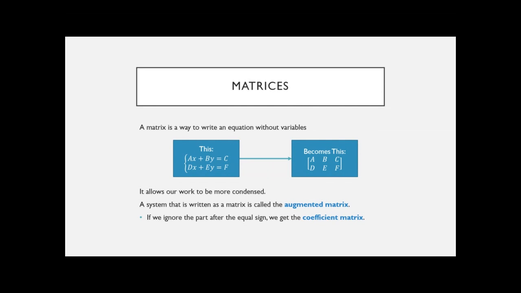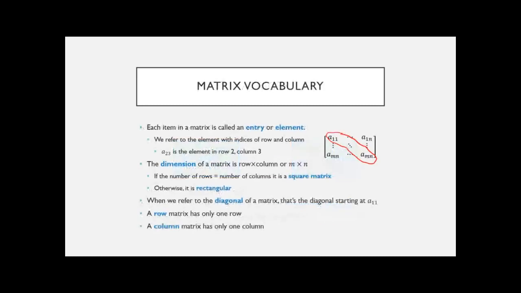So when you put it in its matrix form, that's called the augmented matrix. And if you ignore the constants that it's equal to, you get just the coefficient matrix. Each item is an entry or an element. I usually refer to them as elements.